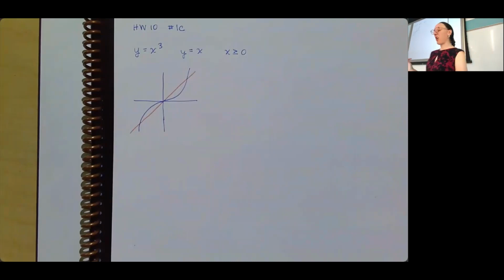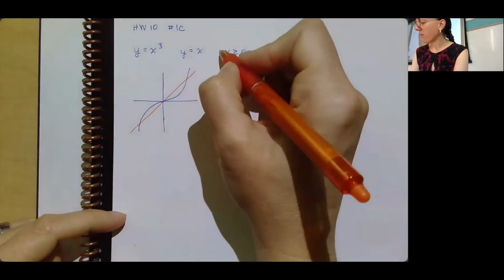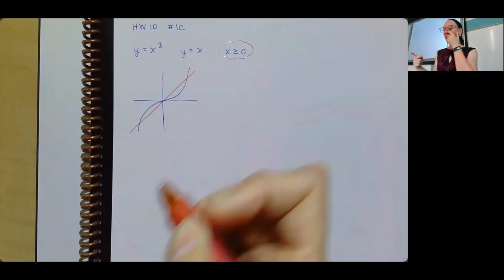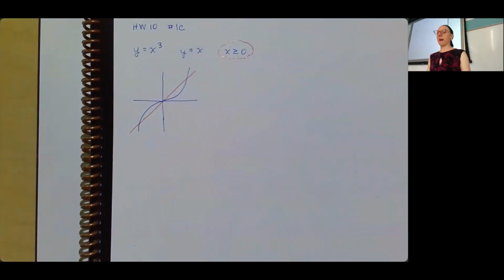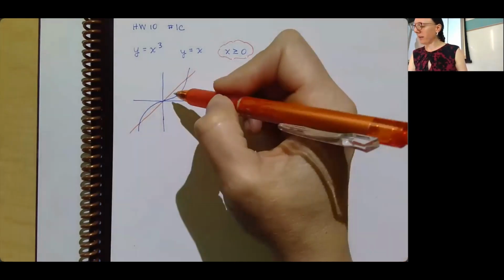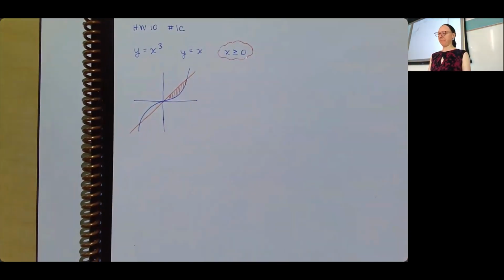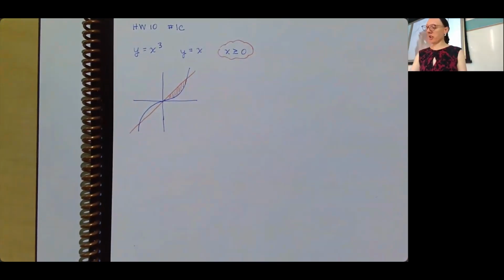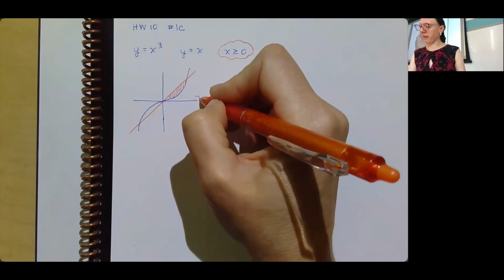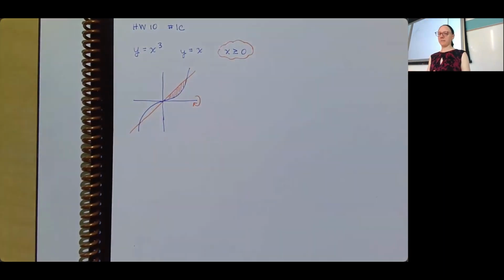So technically there are two bounded regions, but this part right here, saying we're only going to consider the portion where x is greater than or equal to 0, means I'm only considering this part. That's the portion that I am revolving around the x-axis.